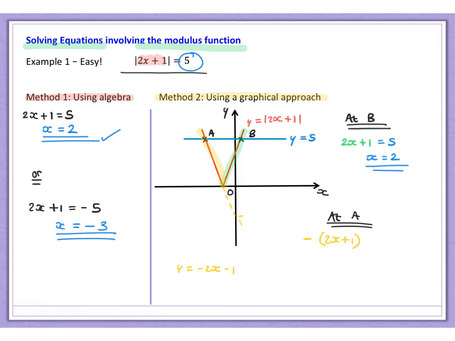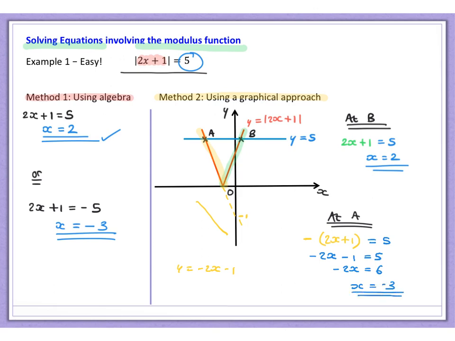You can see it would cross the y-axis here at negative 1, and you can also see its negative gradient, like that. So y equals 2x plus 1, but the negative version of it. Now that, of course, is equal to 5. So solving this, negative 2x minus 1 equals 5. Negative 2x equals 6. x equals negative 3.